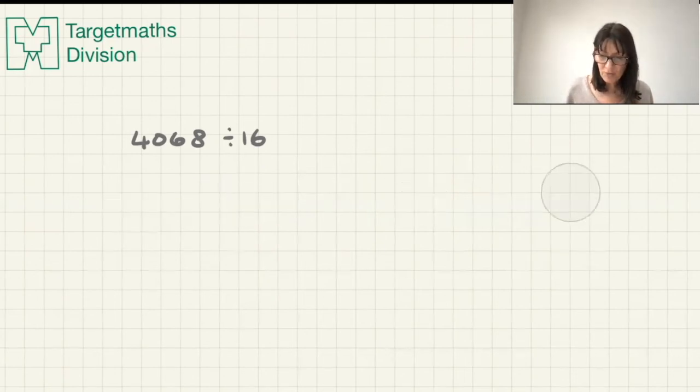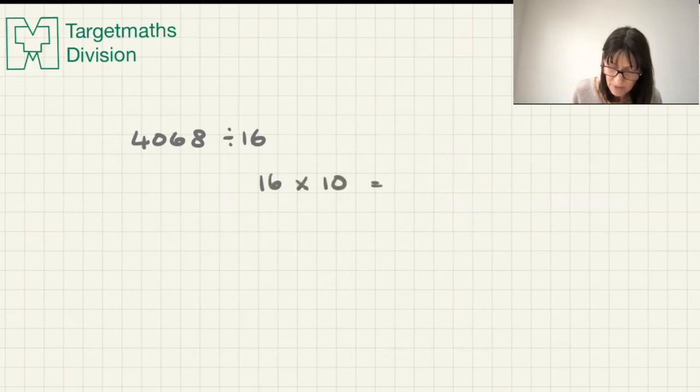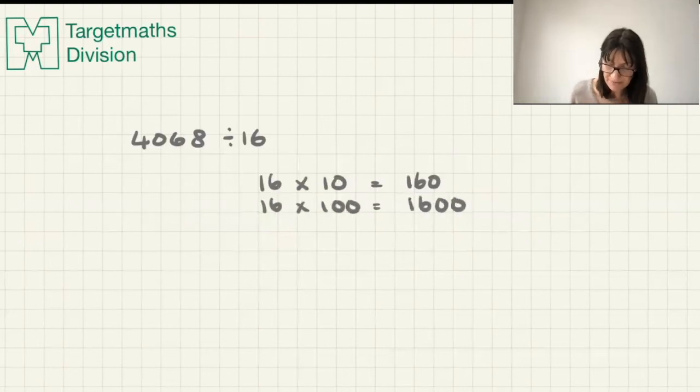Another option when you are dividing by 2 digits is to just do some chunking. And by that, I mean, I've got 16. I'm going to times that by 10, which is 160. I can see that that is still a long way away from 4,068. So I would repeat, okay? So I could do 16 times 100. That's going to give me 1,600.